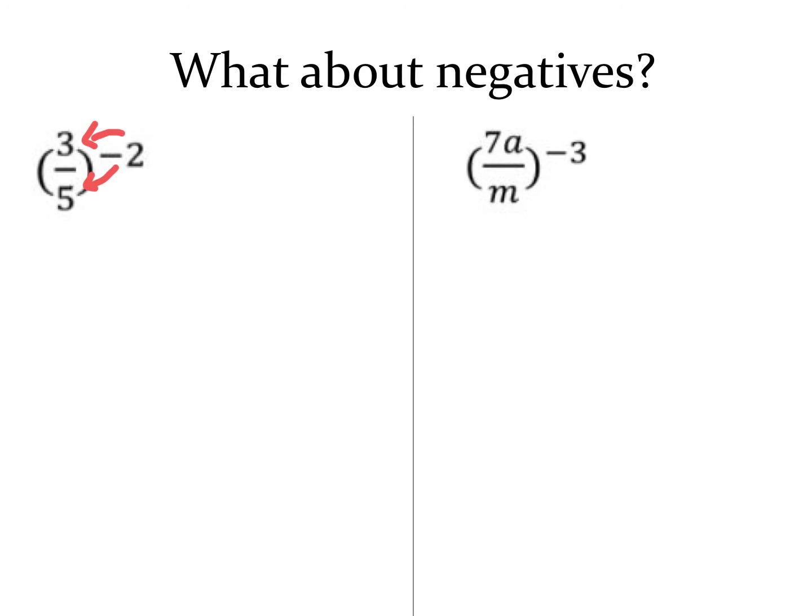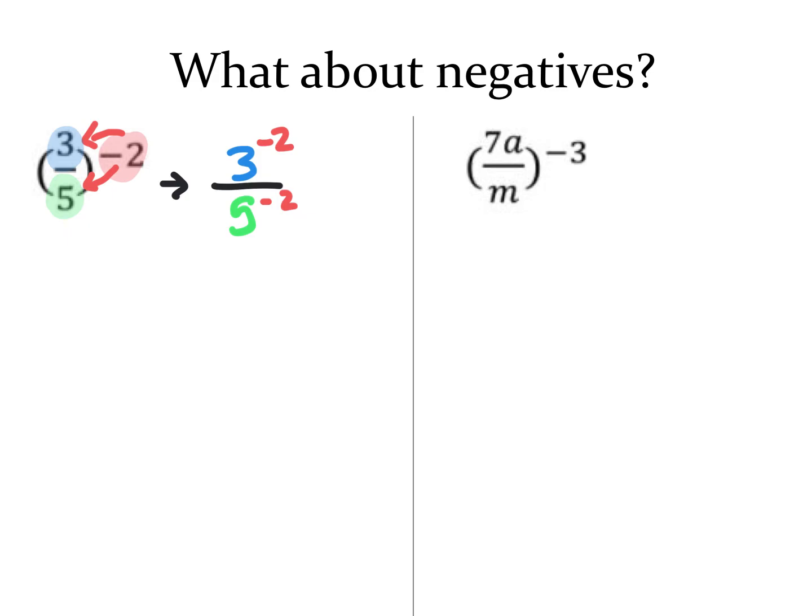So it distributes to the 3 as my numerator, and I can rewrite this as 3 raised to the negative 2nd power. And it's also distributed to our denominator of 5, so it becomes 5 raised to the negative 2nd power.